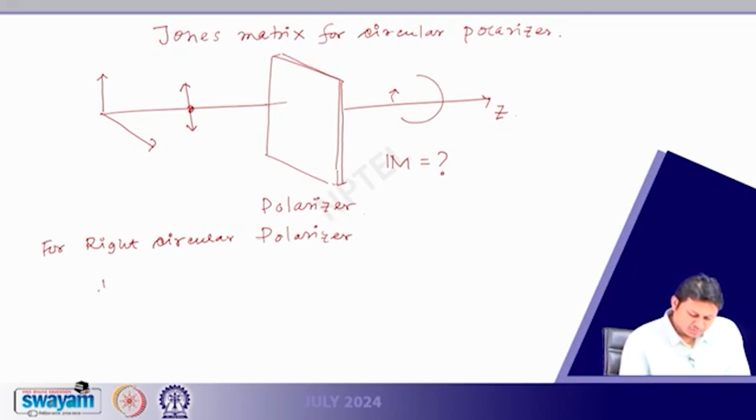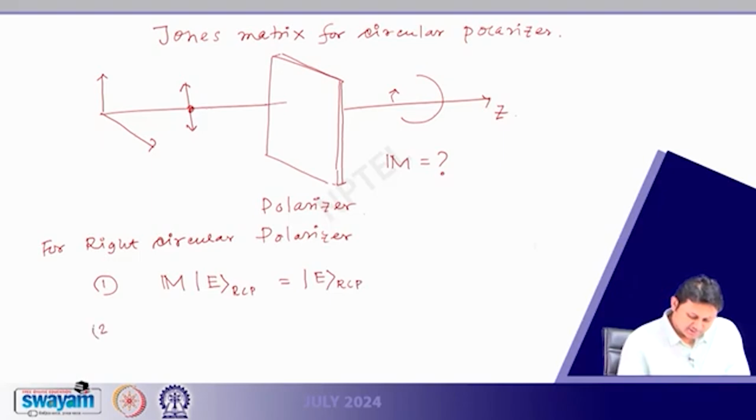M. So what should be the first condition? If I launch right circularly polarized light and allow it to pass through this system, then in the output I always get right circularly polarized light. That is the first condition.